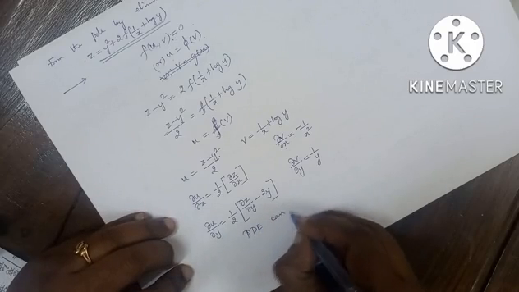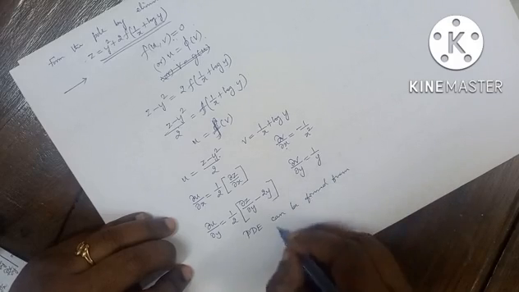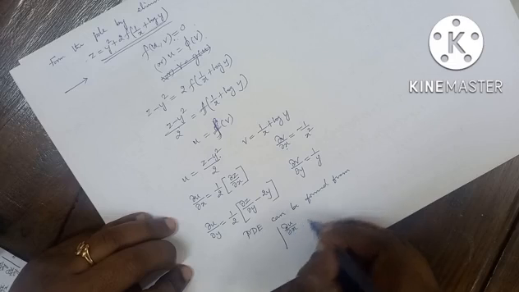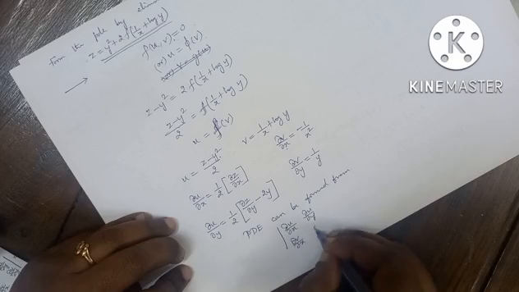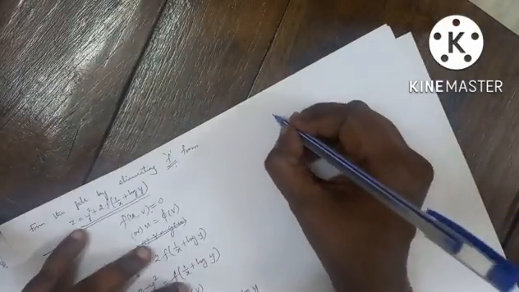You know the PDE can be formed from the determinant with dou u by dou x, dou u by dou y, dou v by dou x, dou v by dou y equal to 0, right? So this 2 cross 2 determinant will help us to get the answer. What is dou u by dou x?